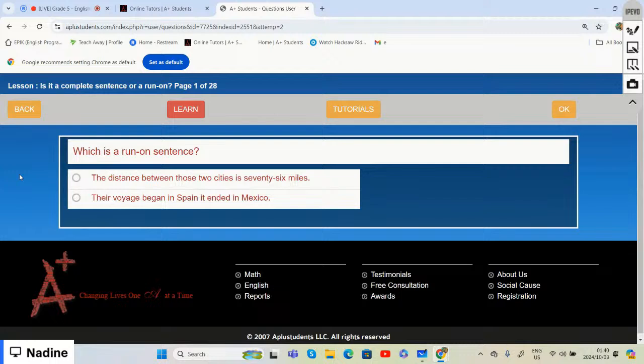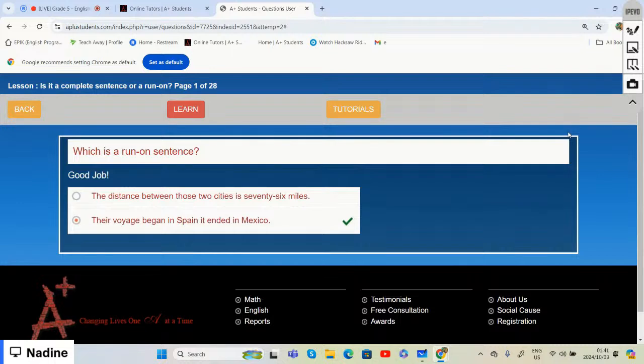And if we were to select our run on sentence, then we will choose option two, because look at option two. Option two says the voyage began in Spain, it ended in Mexico. Right? So we'll go with option two.